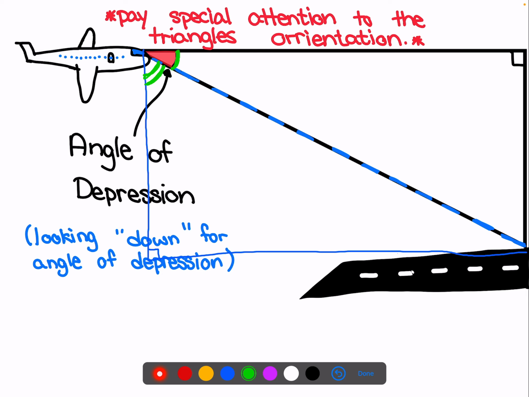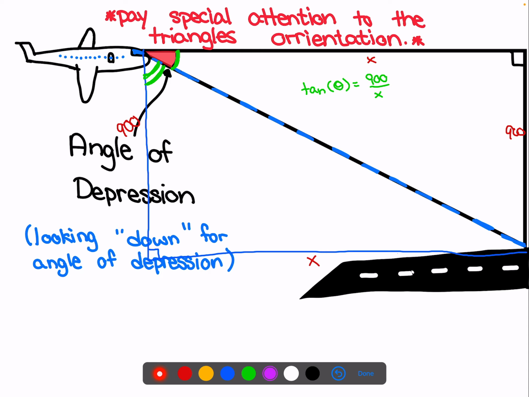Because let's just say that I throw in some numbers here. Let's say that this is 900 and this is x. Well, if I were to set up my trig functions here, for the top angle, for the actual angle of depression, this would give me tangent of theta equals 900 over x.